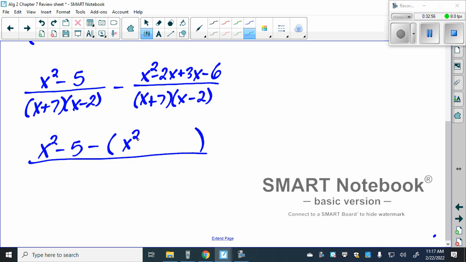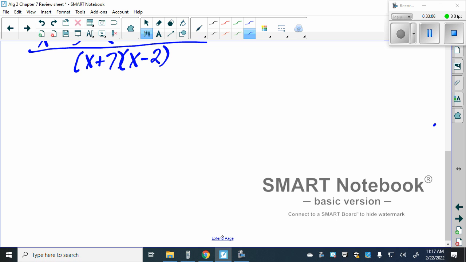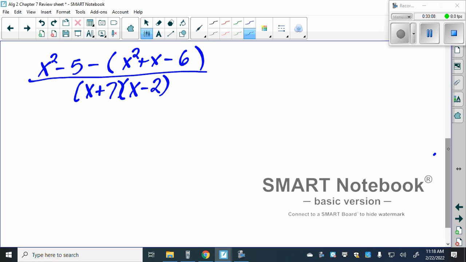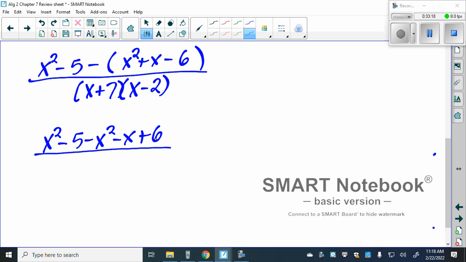Now we would have x squared, the negative 2x plus 3x would be plus x, minus 6. Now, when we drop the parentheses, we do need to make sure we distribute that negative through.